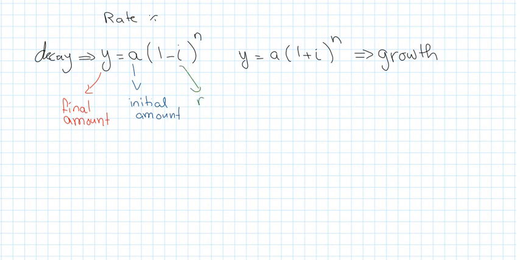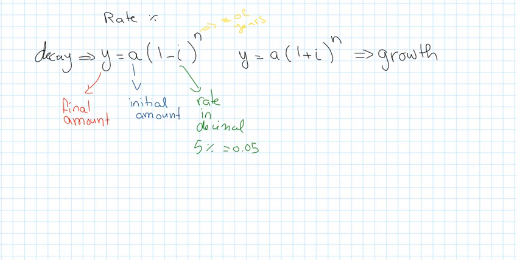For example, if you have 5%, we write that as 0.05. So we don't write it as 5%, we write it as 0.05. We divide the 5 by the 100, and we write that as i. And then n is the number of years. These letters mean exactly the same thing for the growth formula.